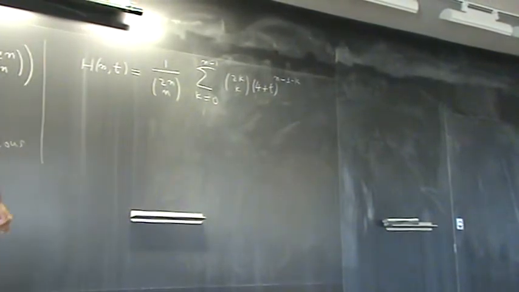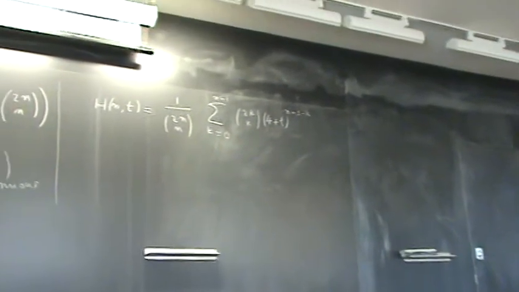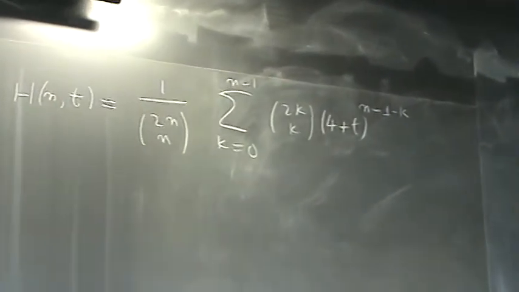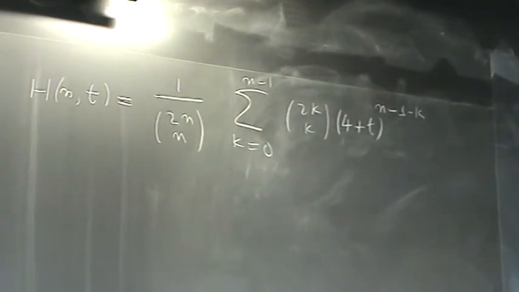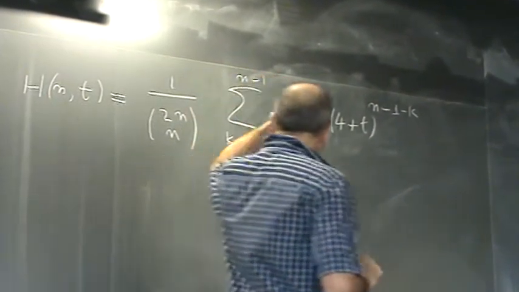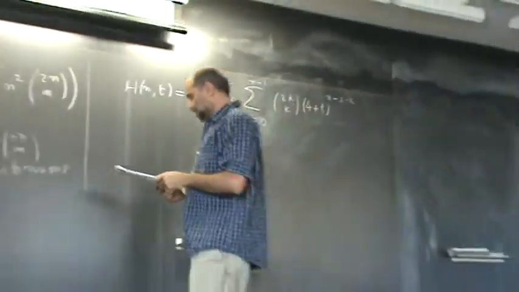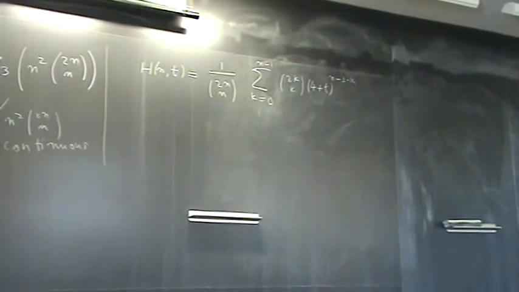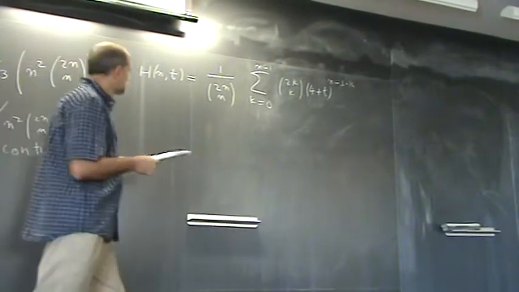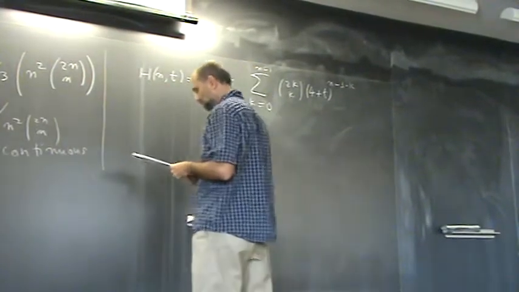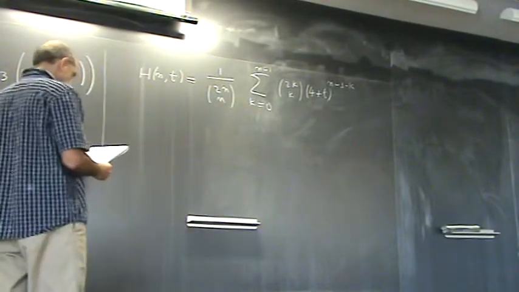So if t is equal to -3, then we get the left-hand side divided by just the binomial 2n choose n without the n squared. So we'll get to describe where the n squared comes from, which is in itself an interesting thing.